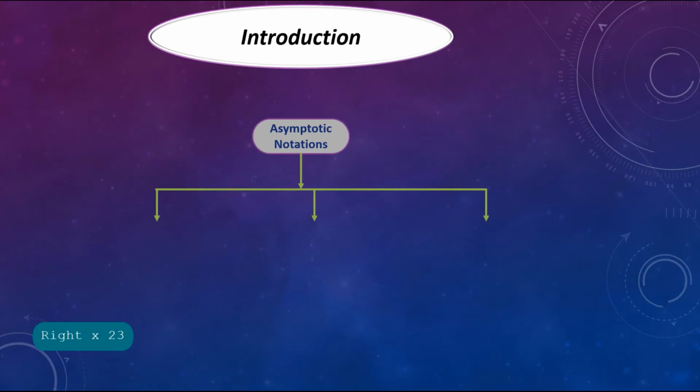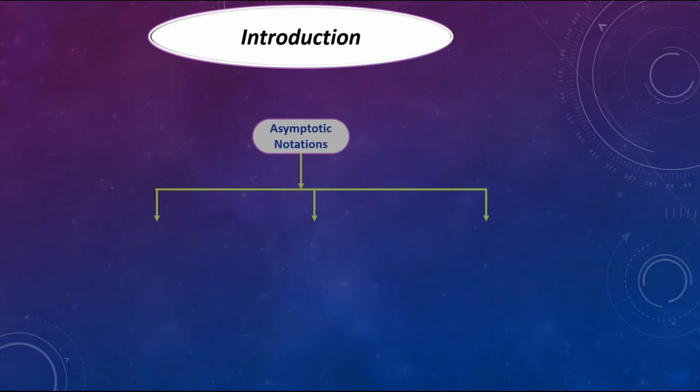Now let us see some of the asymptotic notations. Before starting, we should know what asymptotic notation is. Asymptotic notation gives us an idea about how good a given algorithm is, and we compare the algorithm to some other algorithm.